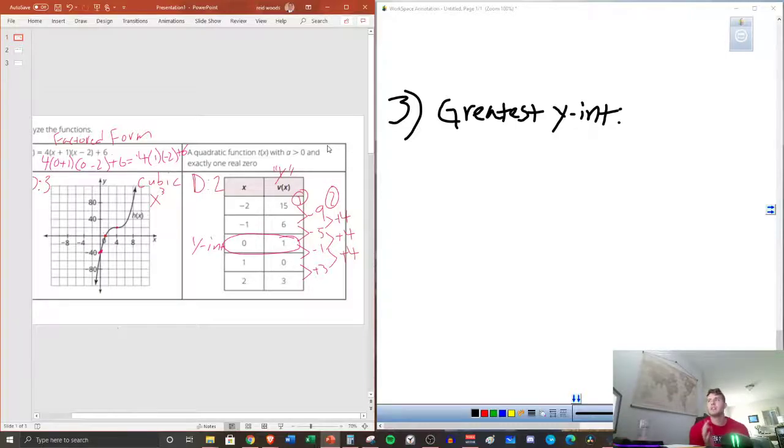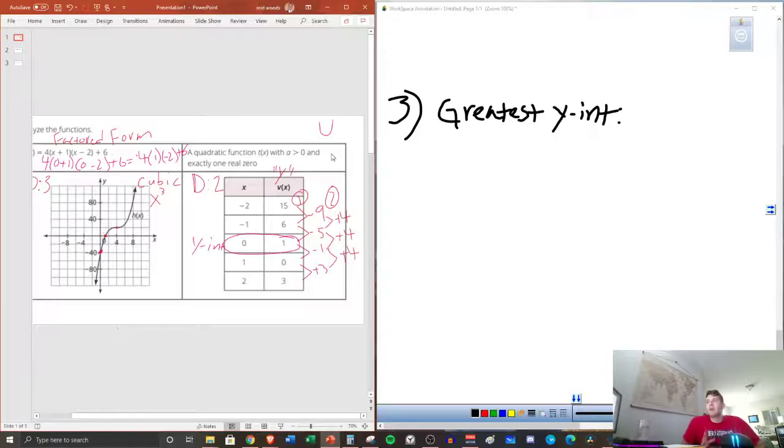A greater than 0 means that the concavity is up. So we know it's a quadratic. I'm just going to draw it up here. A quadratic with a value greater than 0 means it's opening up. Okay? We know that, and it doesn't really tell us anything else.